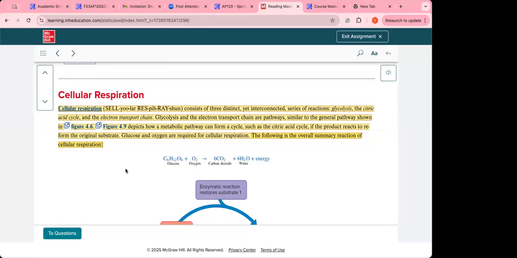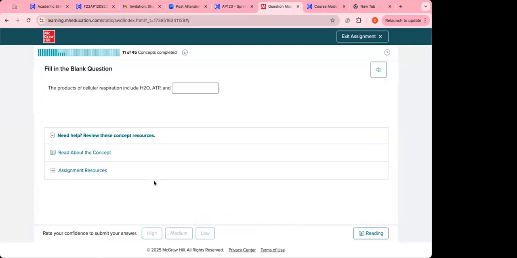The question gave you two of these things. Which one did you not see on that list? It's another way of asking, because water is H2O and ATP is energy.